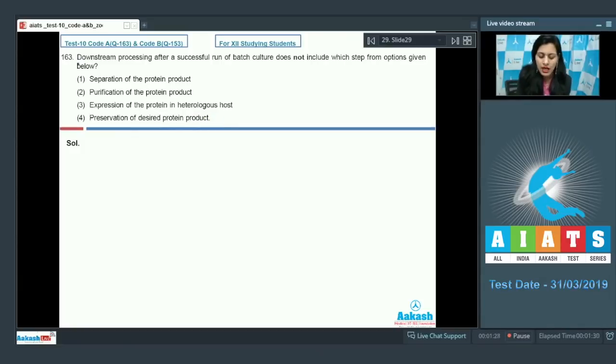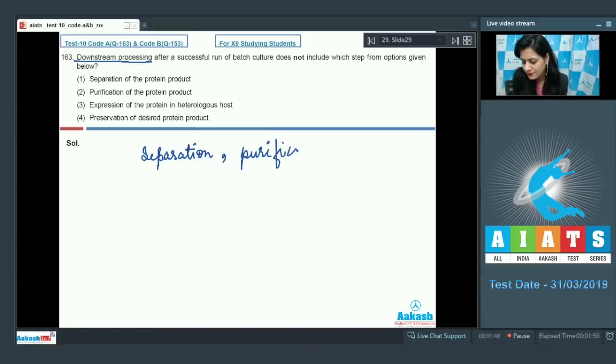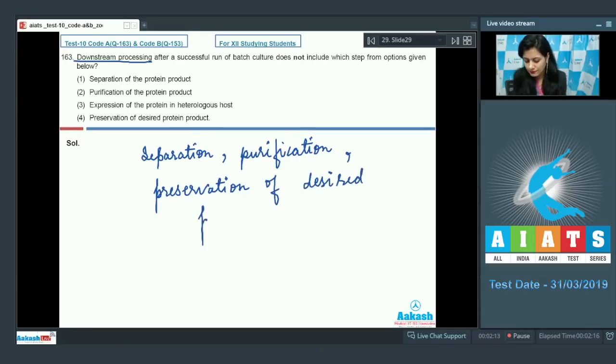And we know that downstream processing involves separation of the desired product, purification of the desired product, as well as packaging and preservation of the desired product.